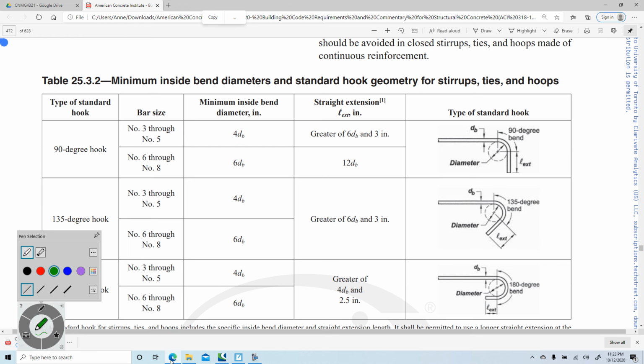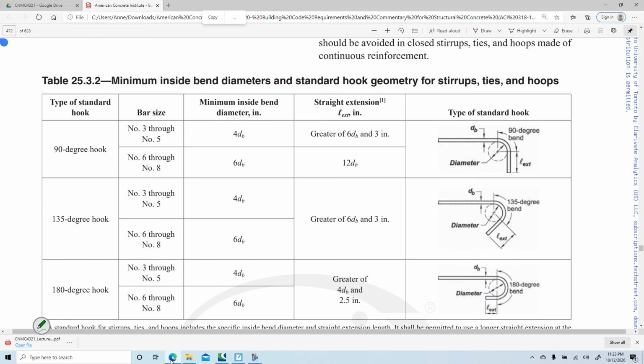If we are looking at a 90-degree hook, so that's what we're looking at right now, this is the inside bend diameter, right?